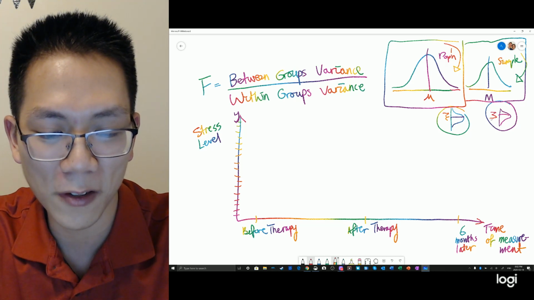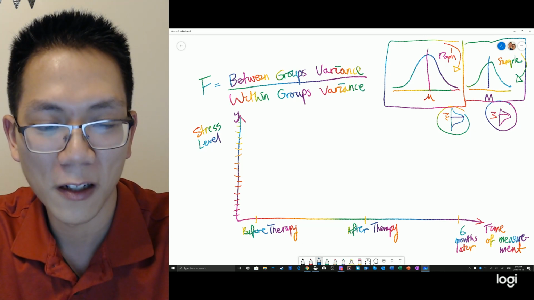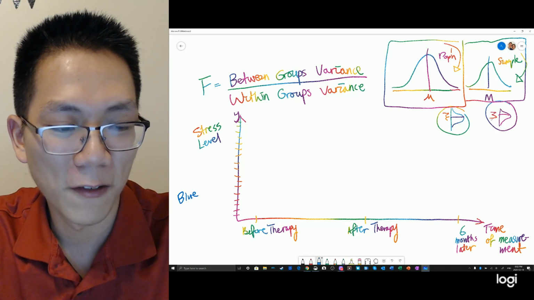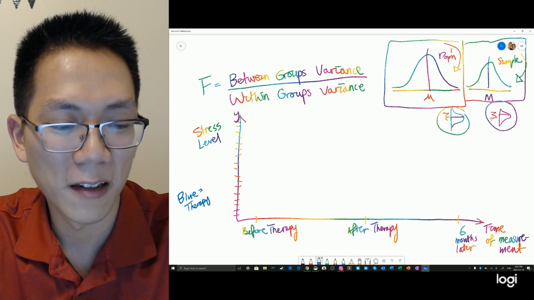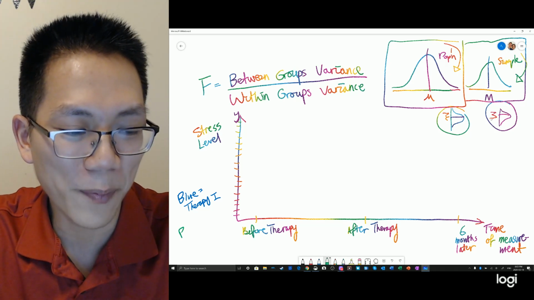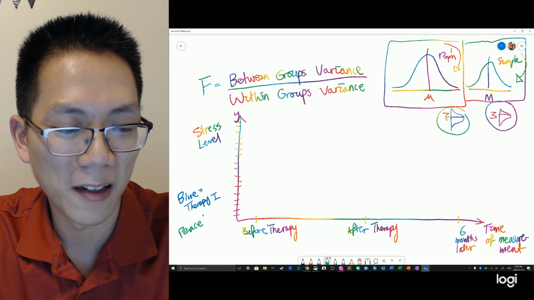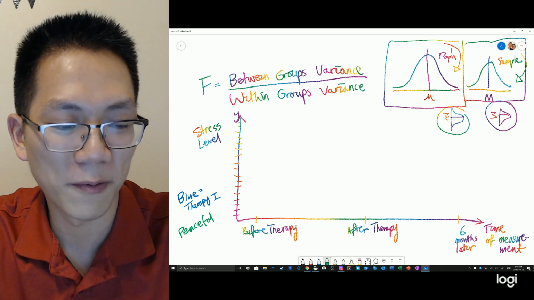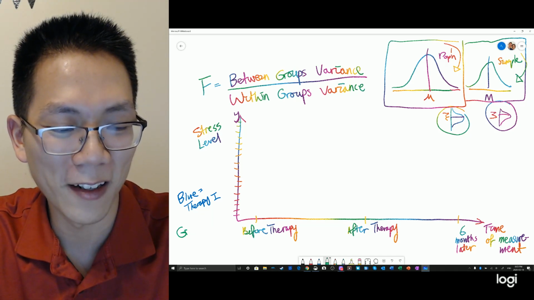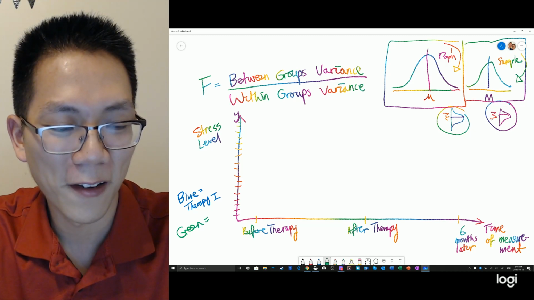So I'm going to use calming blue for therapy 1. And I don't know, let's say peaceful green for therapy 2.